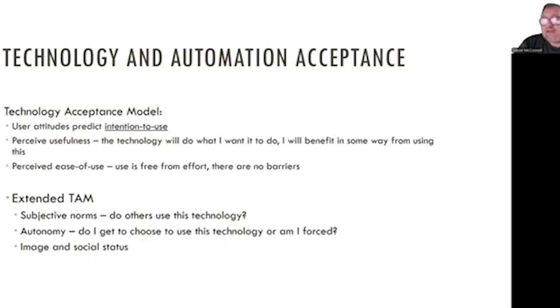Now, in some recent years, the technology acceptance model has been extended to try to account for a few more social psychology influences in our tendencies to adopt technology. So what does everyone else do? Right? This is called conformity in social psychology. And there's a lot of classic research that shows that, yes, in fact, despite everyone's claims to want to be their own person and an individual, we follow along with lots of fads and we conform to others.